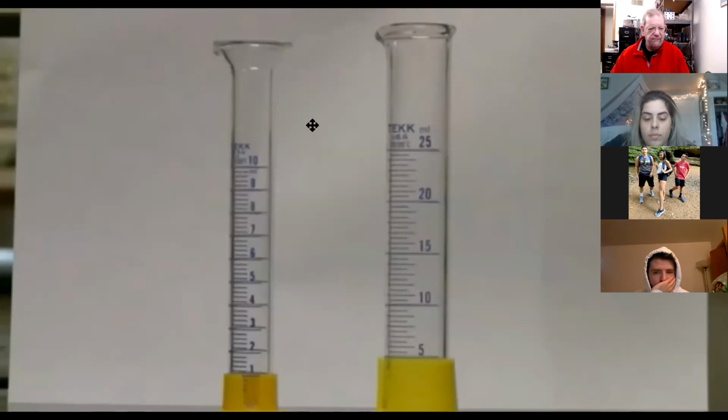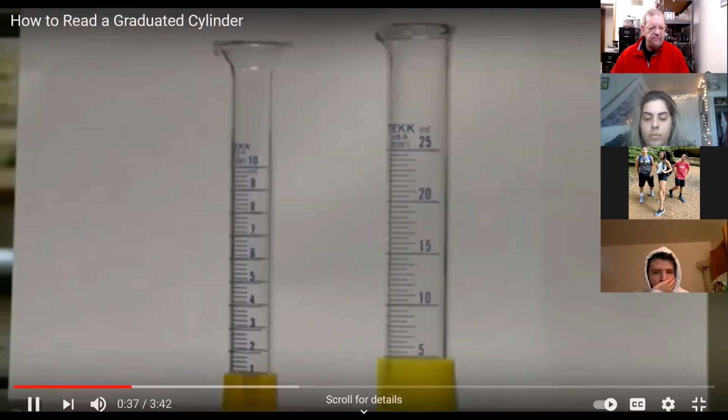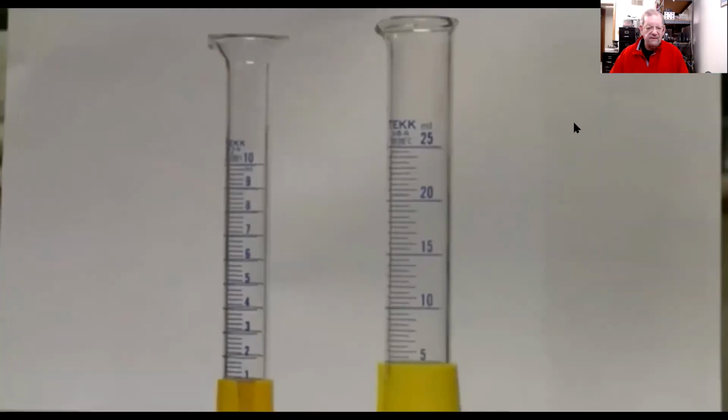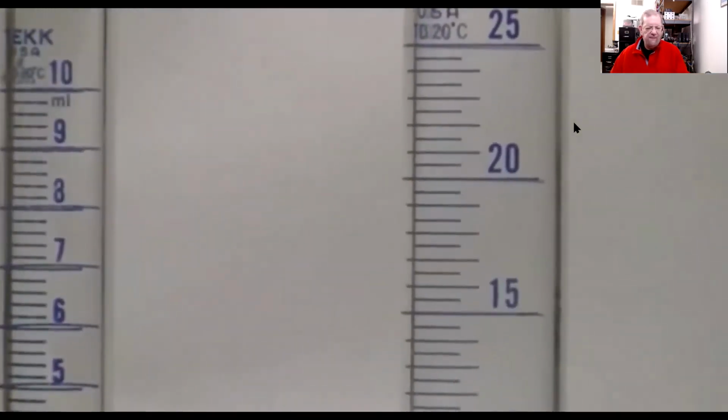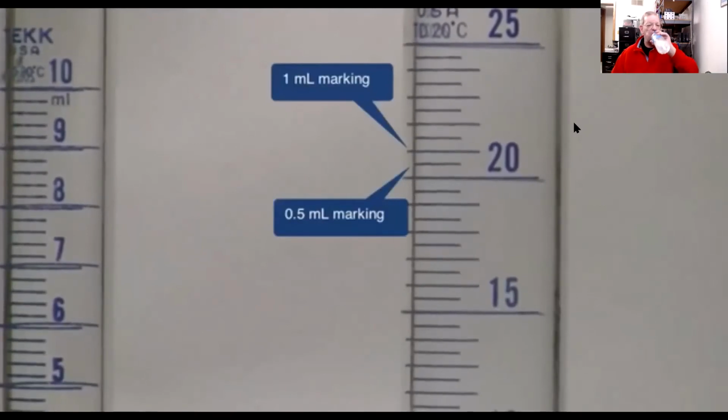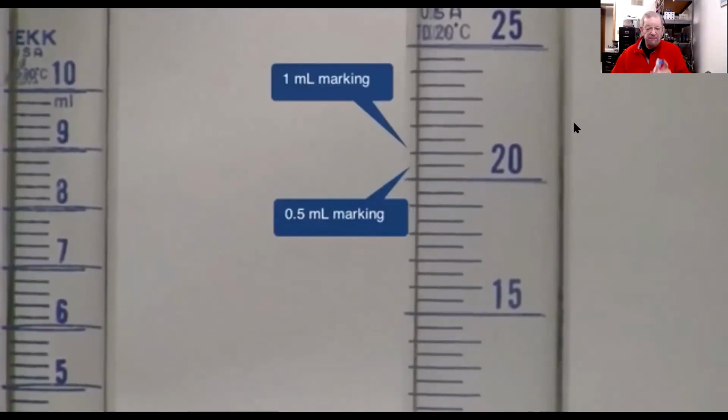So if we look at our two graduated cylinders here, we have a large one and a small one. Each one is different, so it's always important to pay attention to what type of graduated cylinder you have. The hashes for each one can be different. If we look at the large one on the right, the larger hashes are 1 milliliter markings and the 0.5 milliliter markings are smaller hashes.